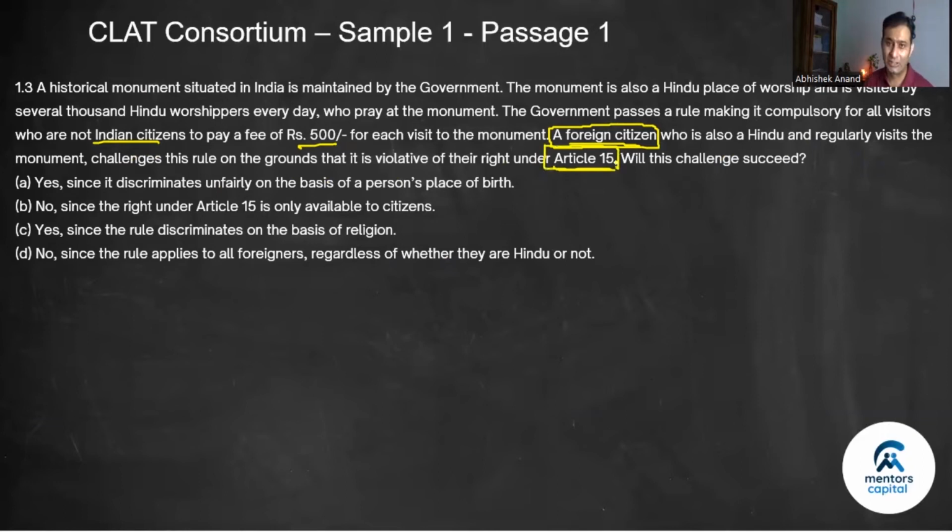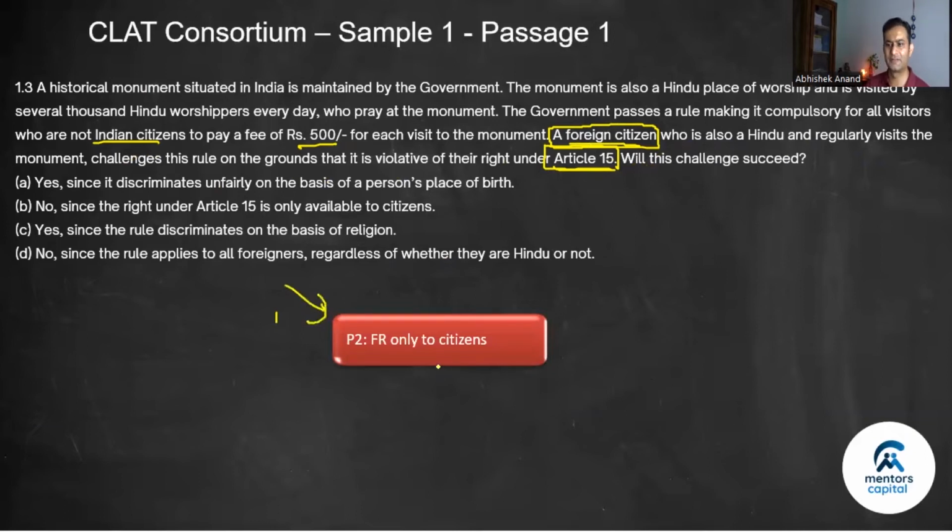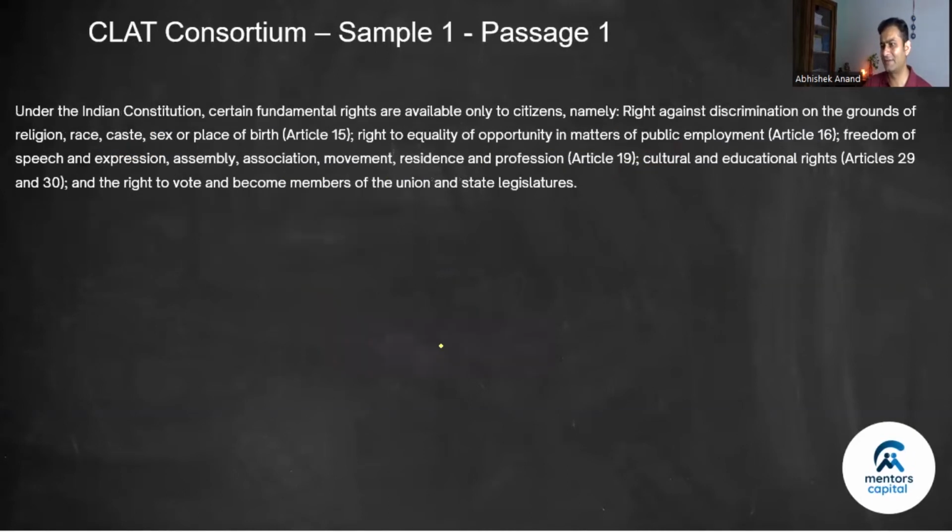So whether he is Hindu or not, that is not important. The important thing is whether he is a citizen or not. He is claiming the right under Article 15. So all we need to do is, in paragraph 2, which is given, it is only eligible for citizens. And one of the paragraphs said it is also allowed to non-citizens. I think that was Article 14. But in this case, Article 15, guys, no discrimination on the basis of religion, race, caste, sex, is only to citizens.